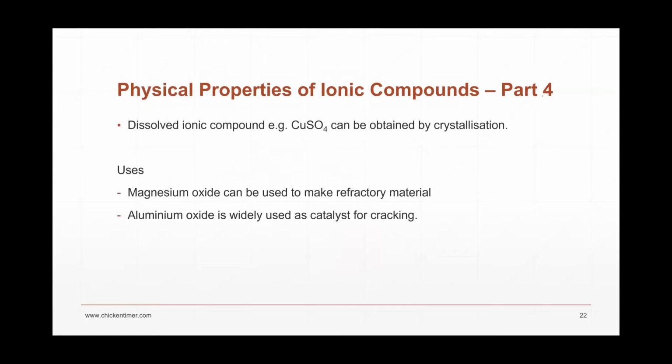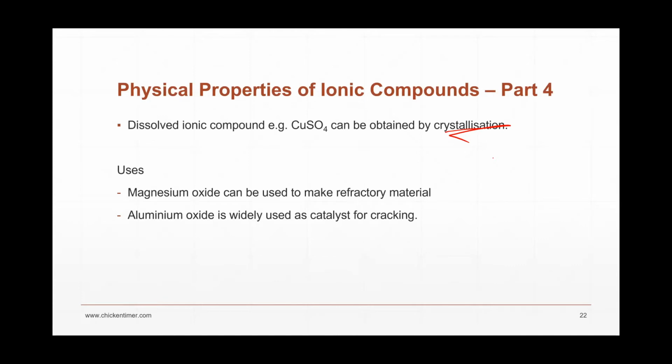Then the fourth thing is, if you have ionic compounds, the dissolved substances can be reobtained again using crystallization. I think this is chapter 1 or chapter 2 of this Sec 3 work. Do you know what crystallization is?